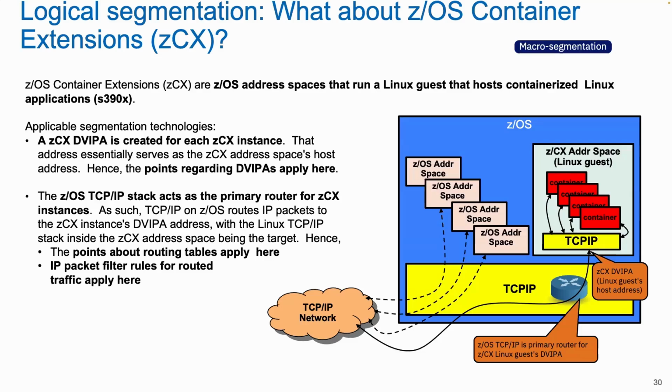So it's not an endpoint or the destination, it acts as a router to the Linux guest. So in terms of microsegmentation, the things that we talked about DVIPA applies here, as well as the points that we talked about routing and the IP packet filter rules for routed traffic applies here.